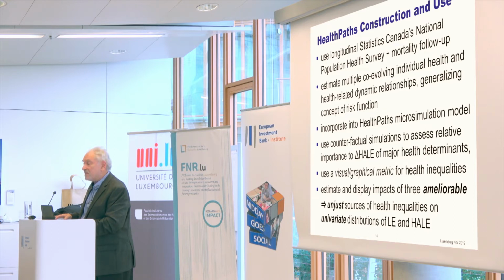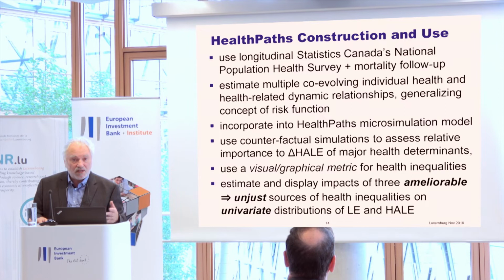And then we will display the impacts of 3 ameliorable causes. So that's sort of the bottom line of this analysis. And see, by working out the numbers, what the counterfactual impacts are.